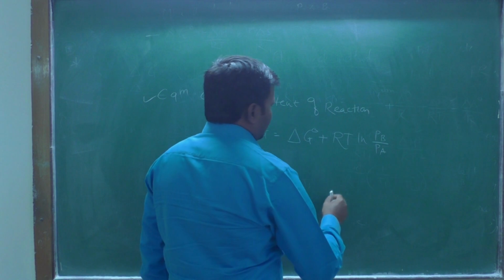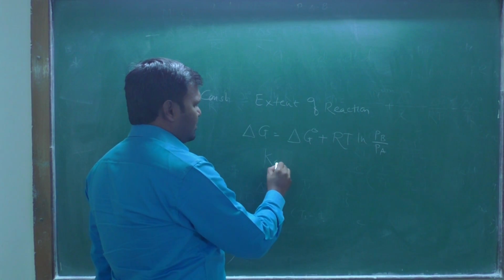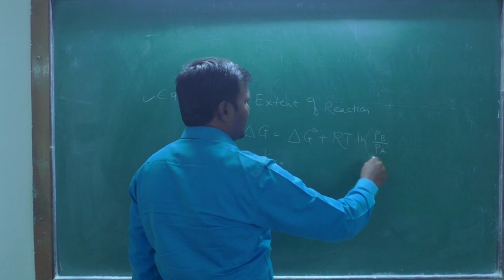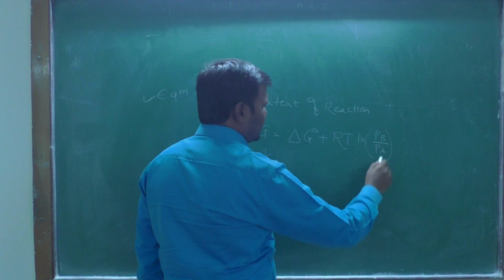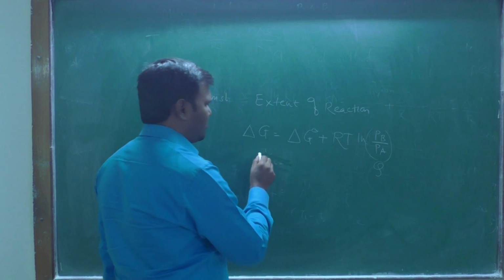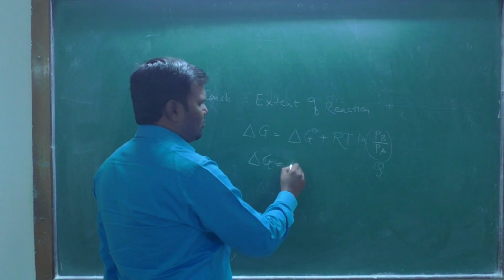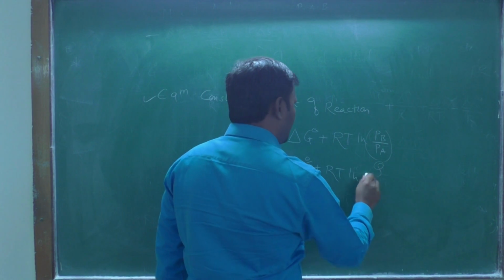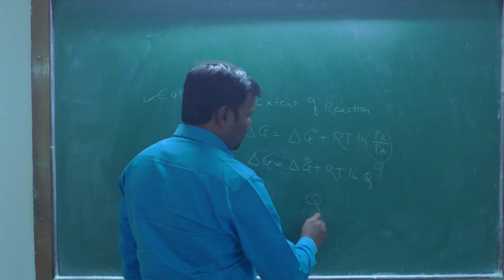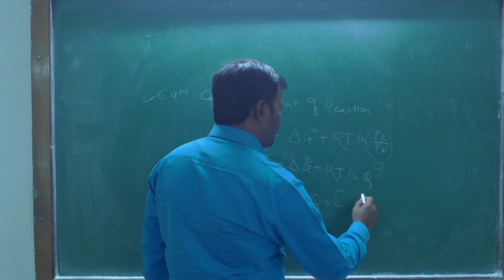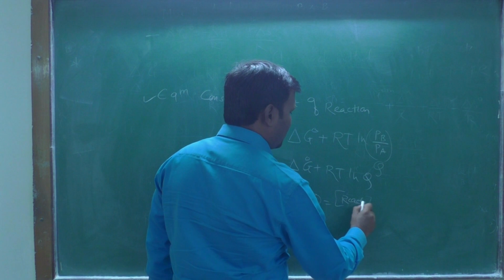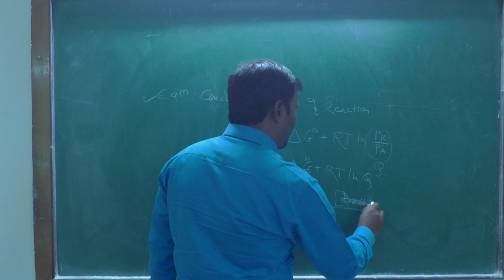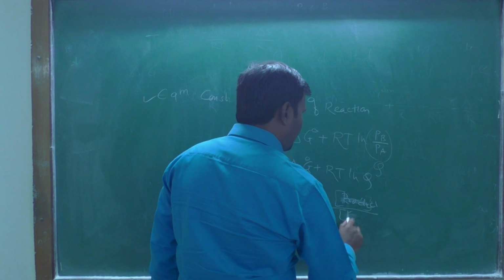Then, for the equilibrium constant in terms of concentration, this can be replaced by Q. The other equation is delta G equals delta G naught plus RT ln Q, where Q is the concentration of product upon the concentration of reactant.